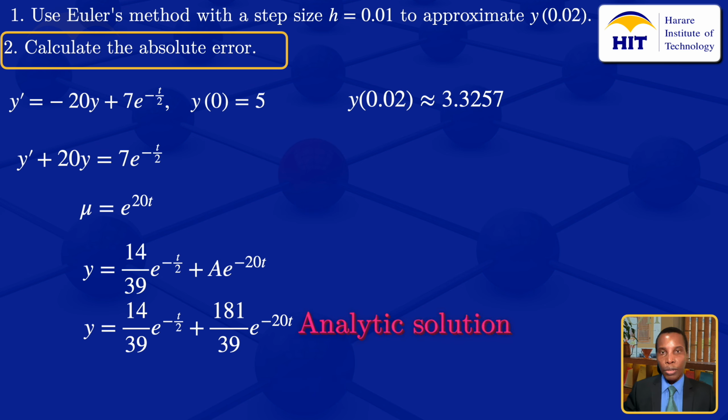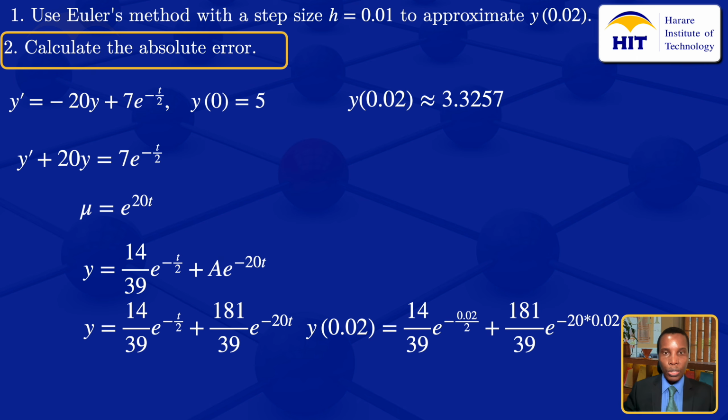For the value of the analytic solution at t = 0.02, we have y(0.02) = (14/39)e^(-0.02/2) + (181/39)e^(-20 × 0.02). That gives us the value of y at t = 0.02, which is approximately 3.4664.